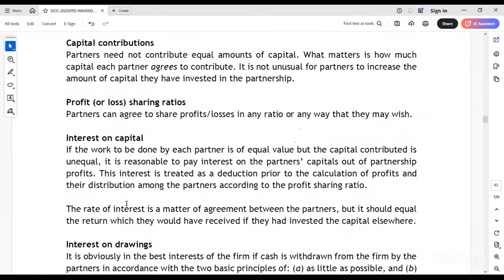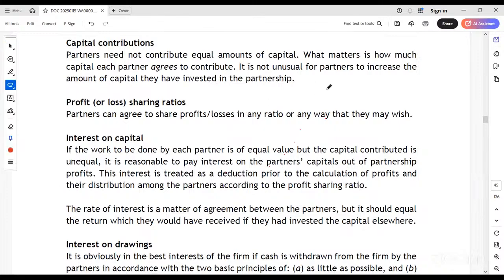Then profit or loss sharing ratios. How do we share the profits or losses? Partners can agree to share profits and losses in any ratio.